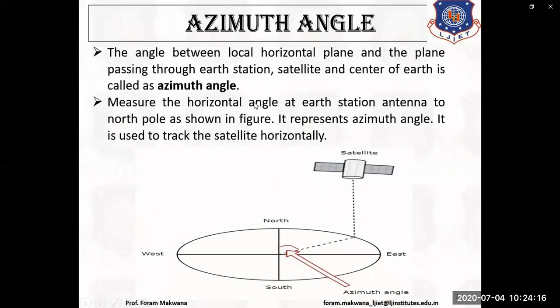In simple terms, it is measuring the horizontal angle at the Earth station antenna to the North Pole. So this angle is called azimuth angle. Azimuth angles are actually the horizontal angle, which is used to track the satellite horizontally.